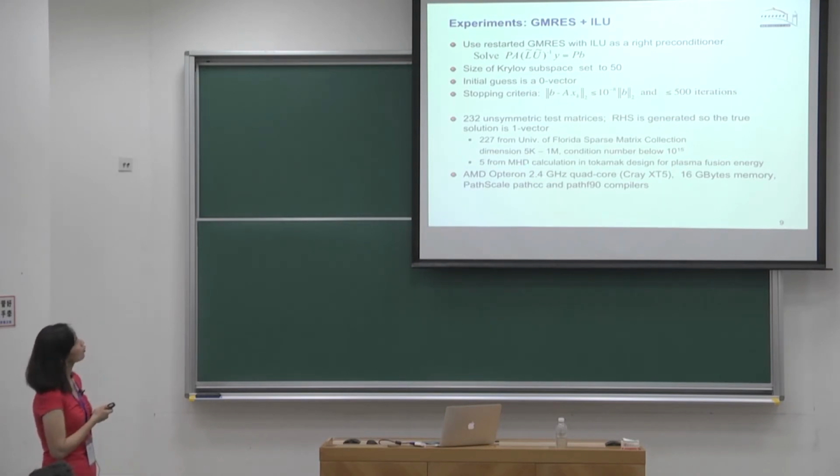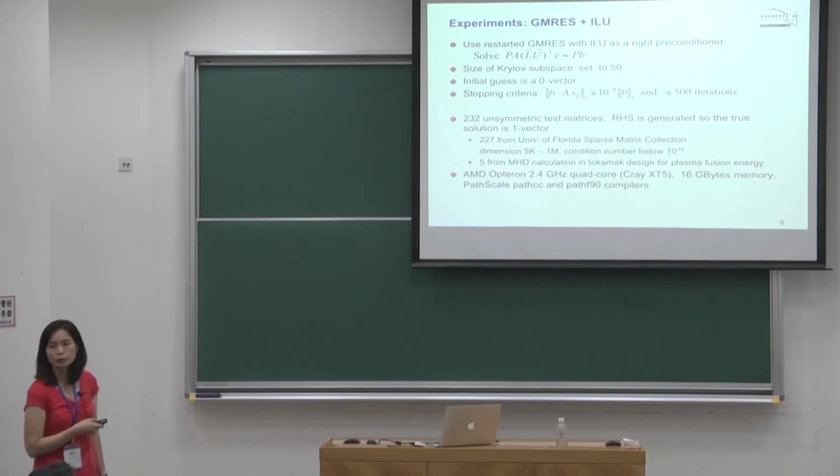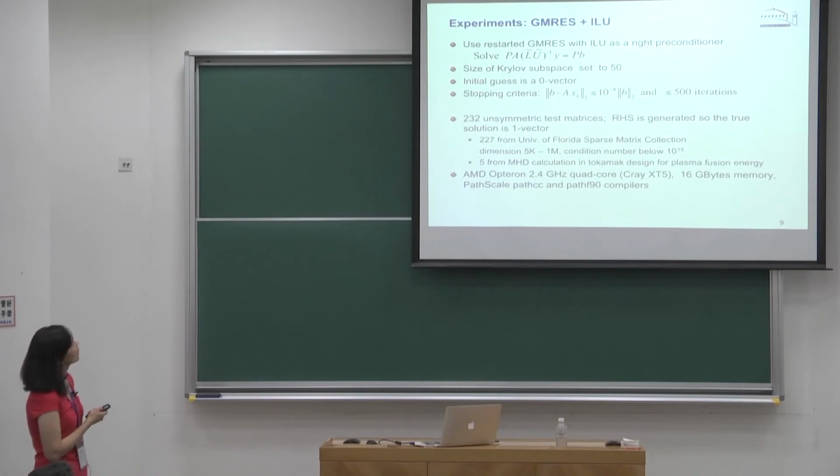Here we put in the criteria: we want a matrix size from 5K to 1 million, we want unsymmetric, and we also want the condition number to be bounded. It's not too ill-conditioned, so that it's at least not an artificially singular problem, okay? With this criterion, we got 227 matrices.